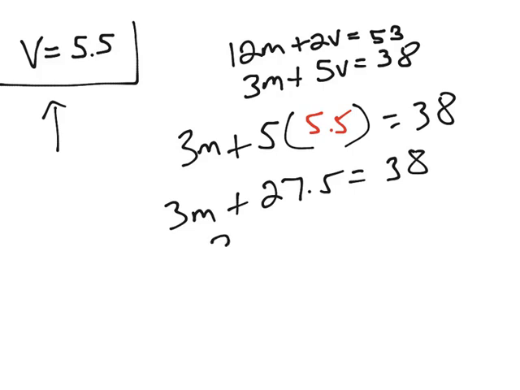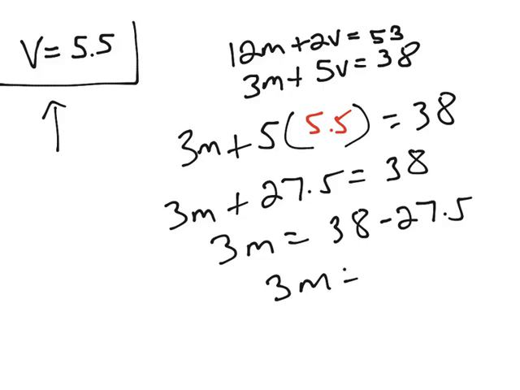Now let's get the m by itself on this side. So we have 3m. Let's move our 27 over. So we'll have 38 minus 27.5. 3m equals, so let me get my calculator out. And we'll do 38 minus 27.5, and that's 10.5.